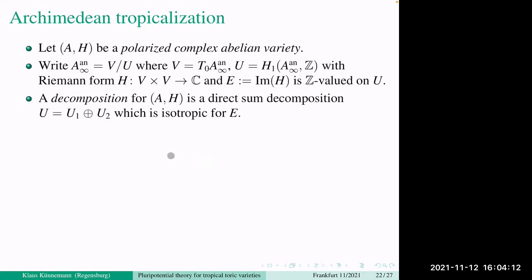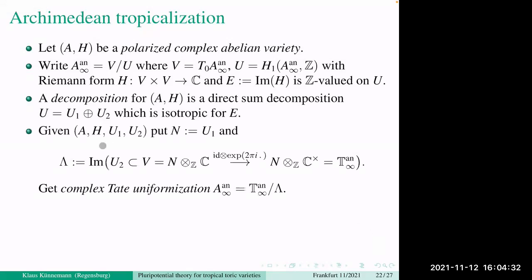In order to do this, you need an extra datum, at least in order to do it in a canonical way. A decomposition for a polarized complex abelian variety is a direct sum decomposition. You want to decompose your lattice in such a way that the pieces are isotropic for E, for this Z-valued form here. Such decompositions always exist. If you give yourself such a decomposition, then you can define N like this, and you get a lattice Lambda inside of the complex torus here, and you get a complex Tate uniformization.